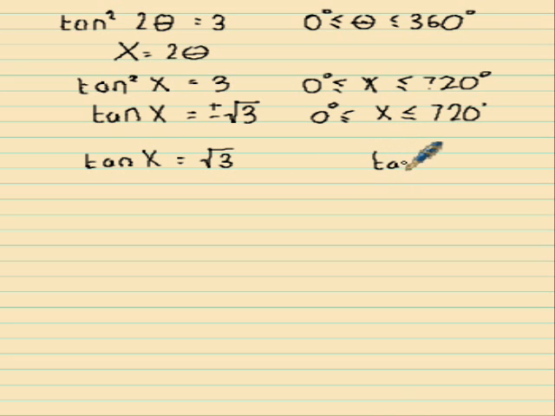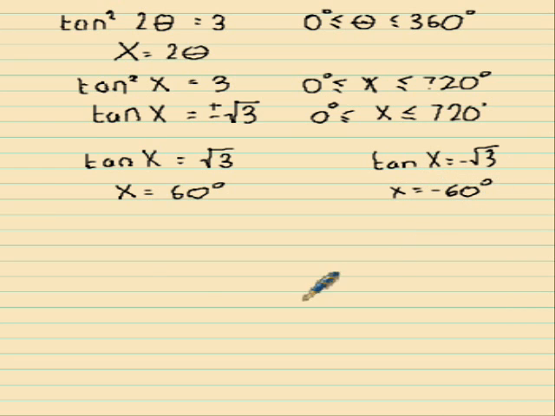On the one hand, tan x equals root 3, and on the other hand, tan x equals minus root 3, both of which we're going to need to solve just using your calculator, and what you'll find is x equals 60 degrees, and for this equation x equals minus 60 degrees.